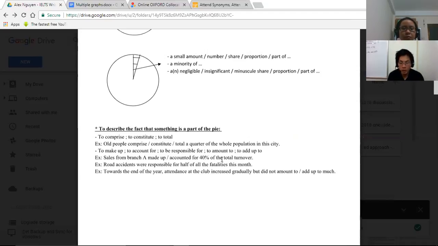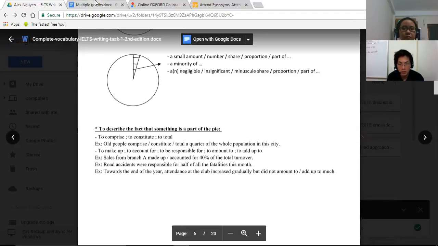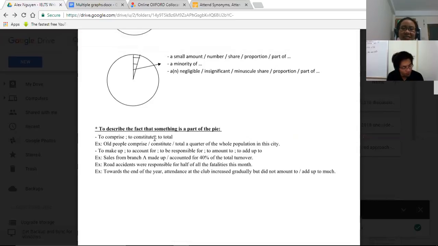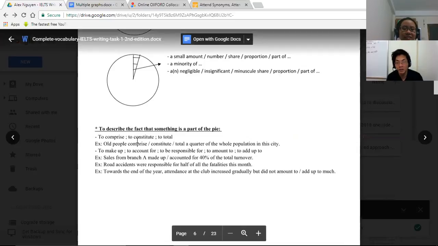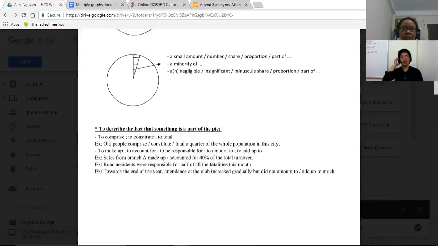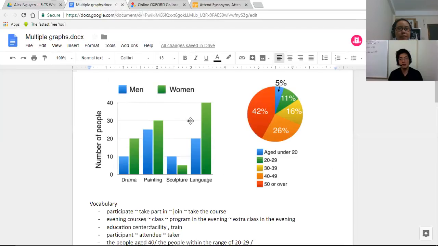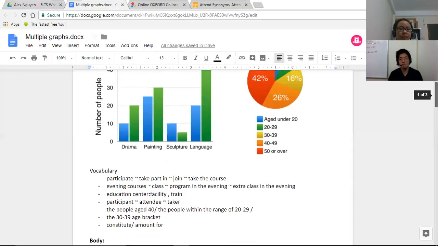All right, I'll try to use as many. I think you should just choose one. There's three sentences. We have constitute, account for, responsible for. Let's go with the simplest one.